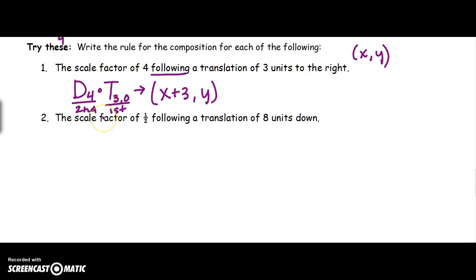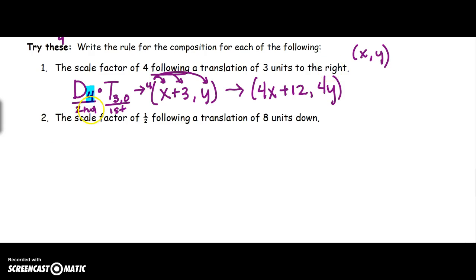So you do that second. Basically you take this number and distribute it to everything inside the parentheses, even the 3. You've translated and now you dilate, which means you multiply everything by that number. So you end up with 4x plus 12, comma 4y. That is your composition of the scale factor of 4 following a translation of 3 units to the right.